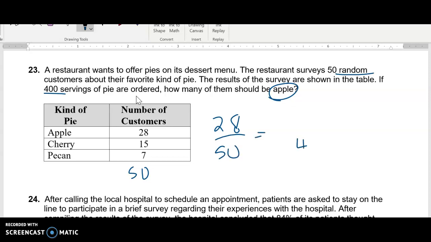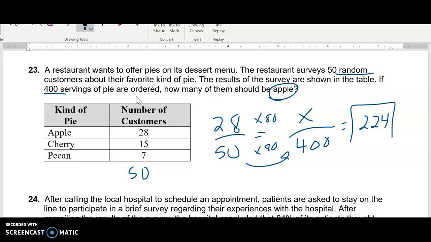Now they want to do 400. I can do it by multiplying both sides, but I also see that this is times 80. So I multiply this by 80, and I get 224.